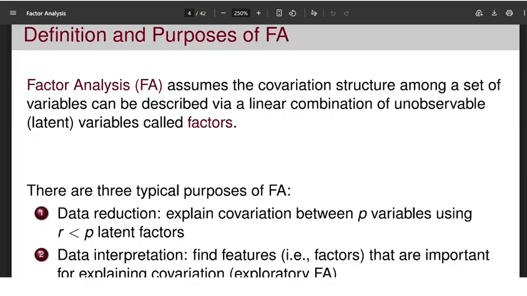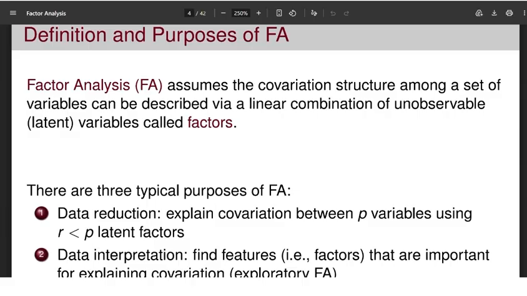Factor analysis assumes the covariation structure among a set of variables can be described via a linear combination of unobservable latent variables called factors. These factors initially were not observed.